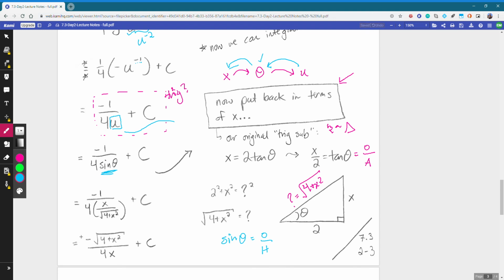And here is our final answer, back in terms of our original variable x, simplified as much as we possibly can. And so those right there are the antiderivatives of the function we started with.